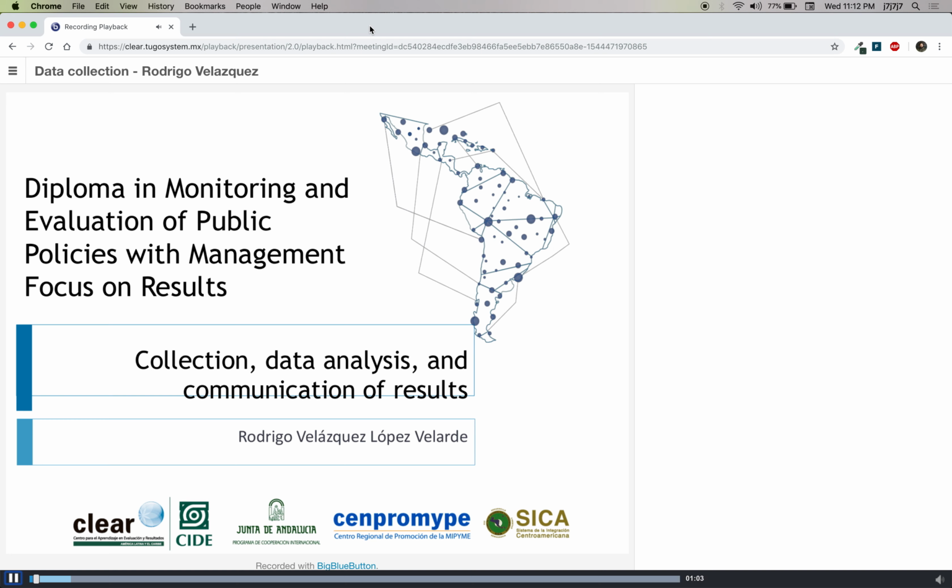In this session, we are going to talk about three main topics. First, data collection, data analysis, and communication of results. So these are the three main topics that we are going to talk about today. We are going to have some conceptual definitions that are going to help us to understand this session.